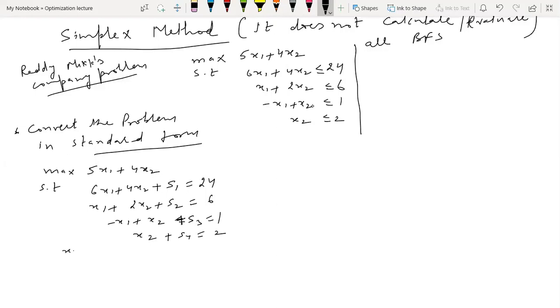Now I have my variables x1, x2, s1, s2, s3, s4 all greater than or equal to 0.